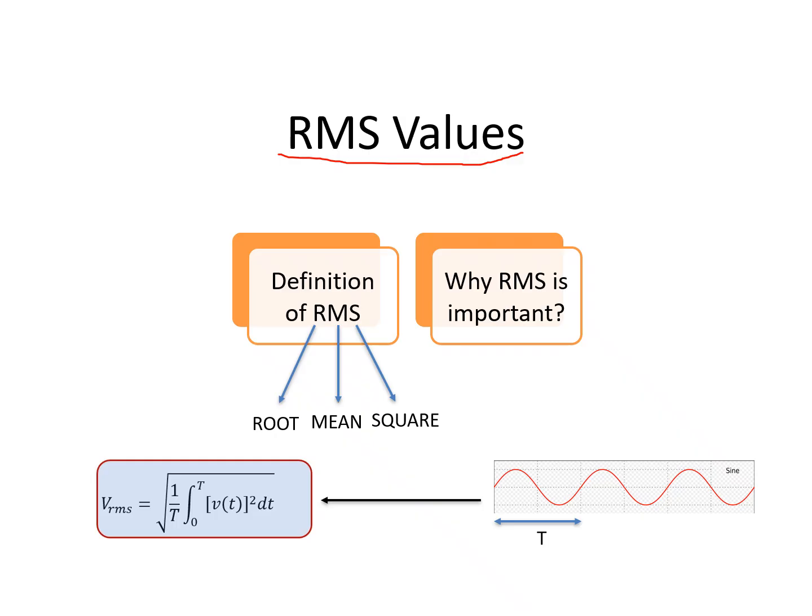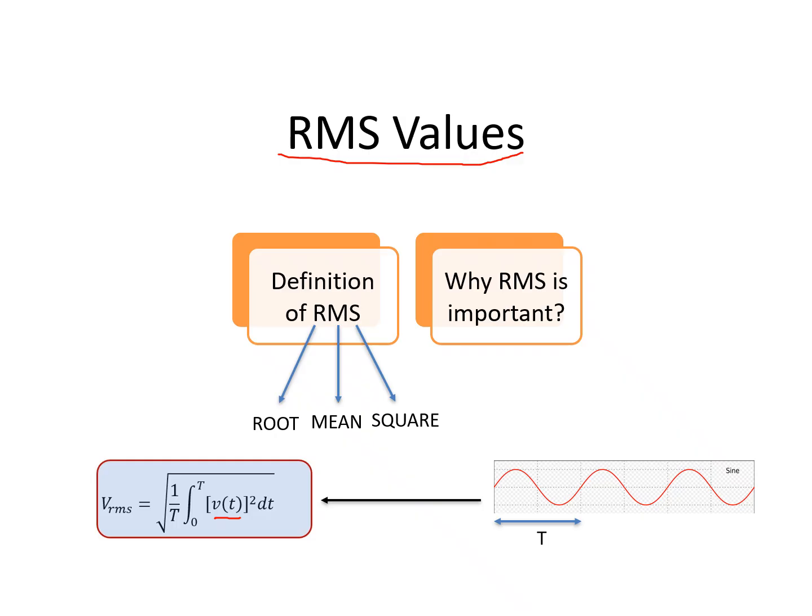It's root mean square. So the root means the square root, like this. And the mean of the square value. The square value means V(t) squared, or whatever is the signal. And the mean is 1/period, and the integral over that period.